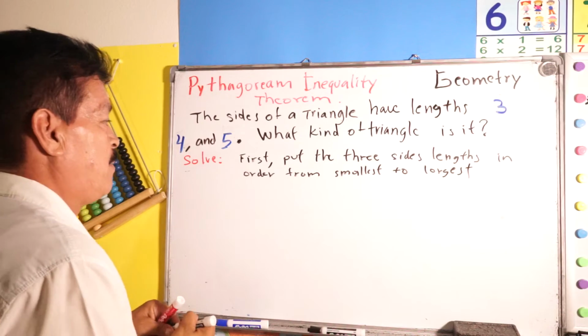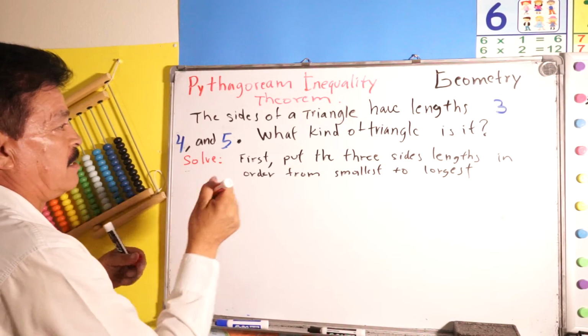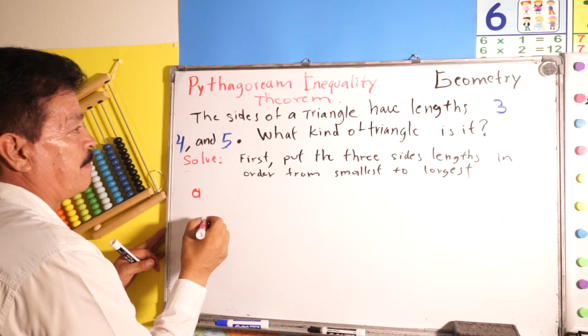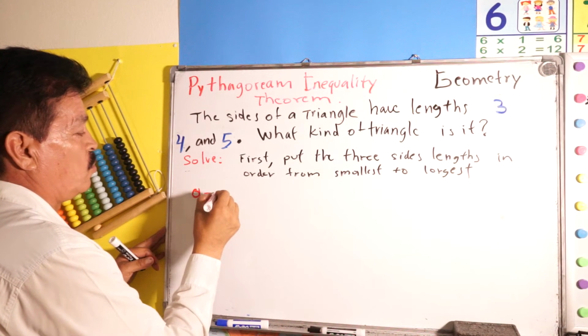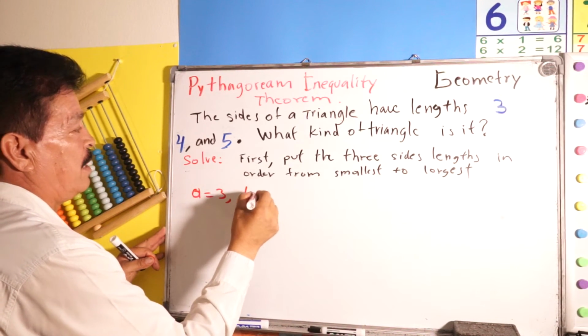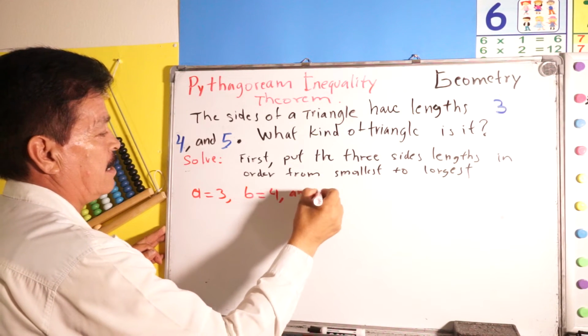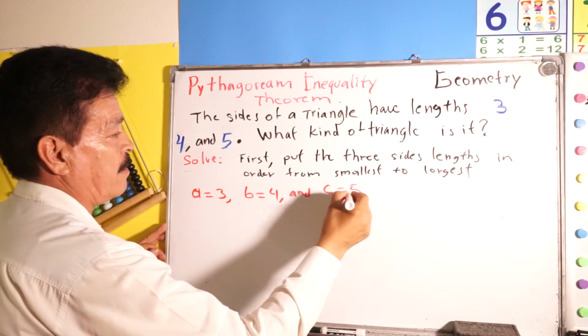Alright, that's the first step. So let's write it right here: A equals 3, B equals 4, and C equals 5.